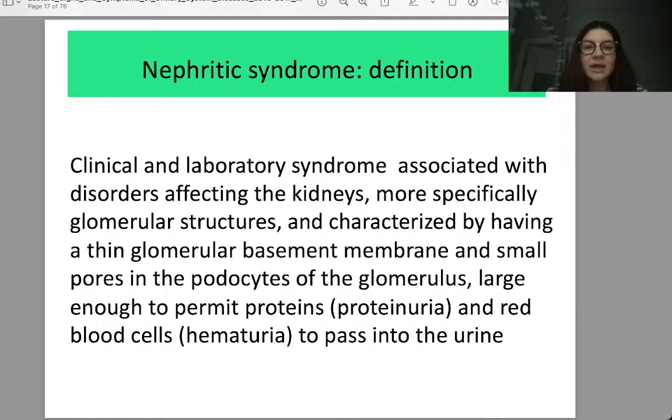It is a clinical and laboratory syndrome associated with disorders affecting the kidneys, more specifically glomerular structures, and characterized by a thin glomerular basement membrane and small pores in the podocytes of the glomerulus, large enough to permit proteins, proteinuria, and red blood cells, hematuria, to pass into the urine.